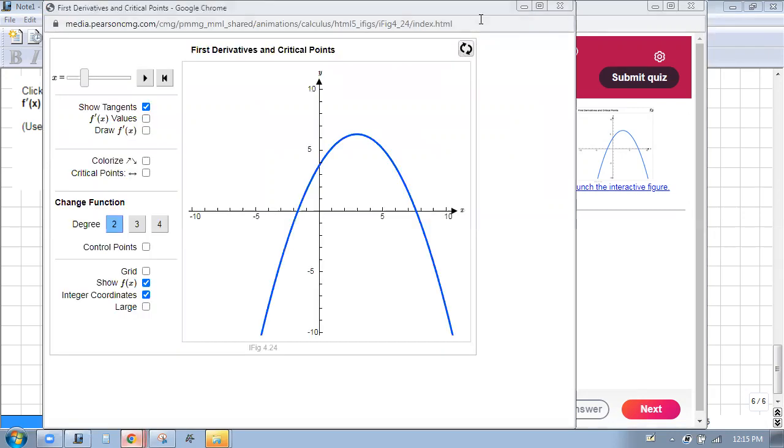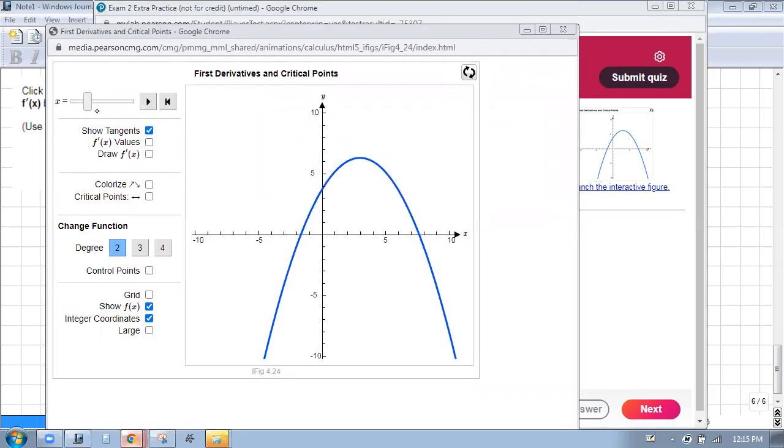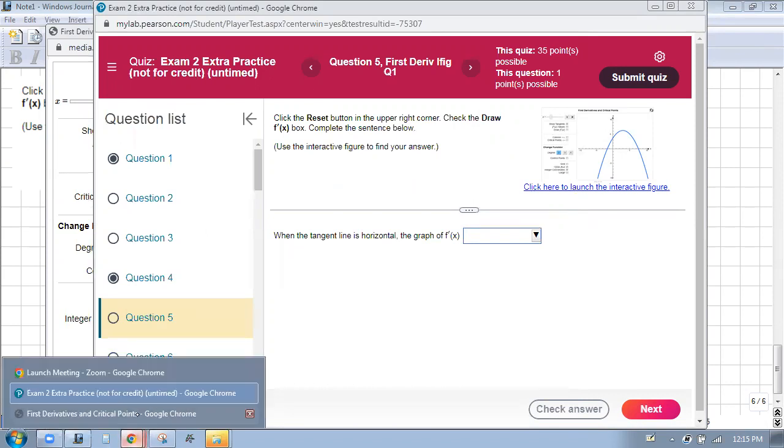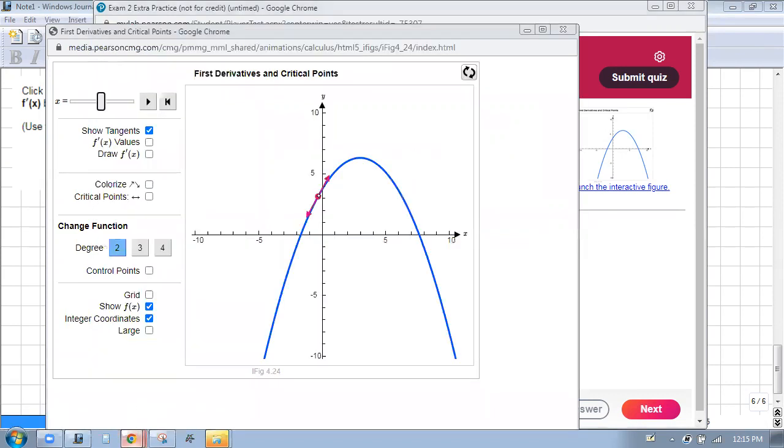When the tangent line is horizontal, the graph of f prime... So the tangent line is horizontal, right?